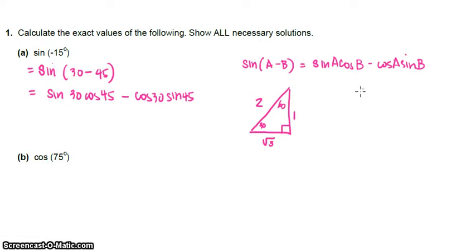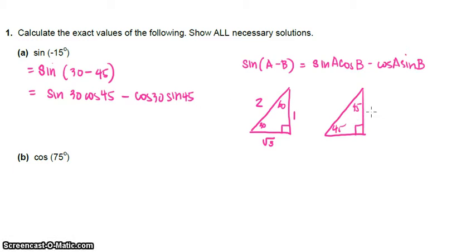The other triangle that you need to know is the 45, 45, 90 triangle. In a 45, 45, 90 triangle, take note that the two angles are the same. Therefore, the sides opposite these angles are also the same.